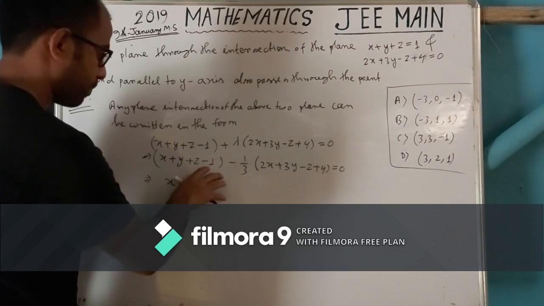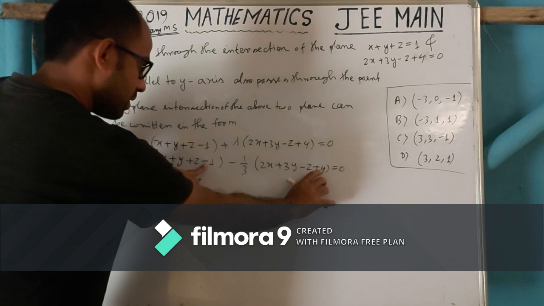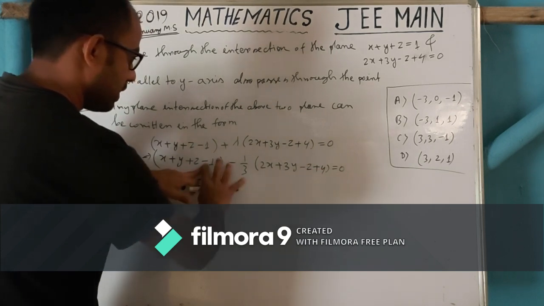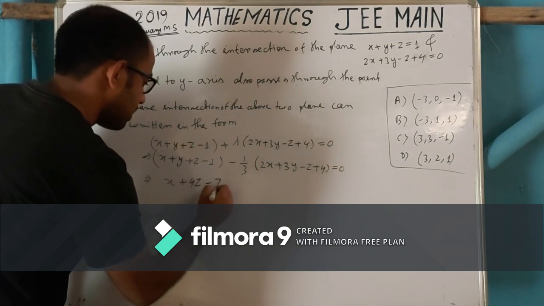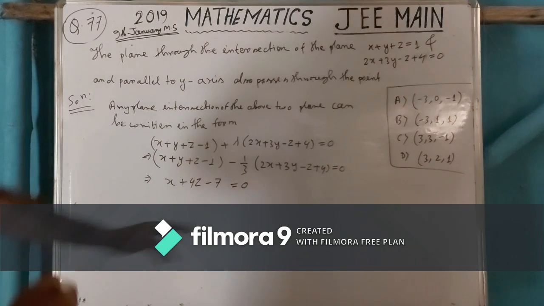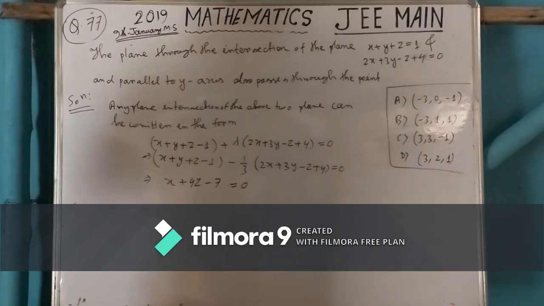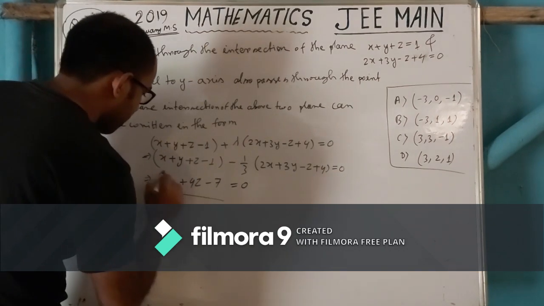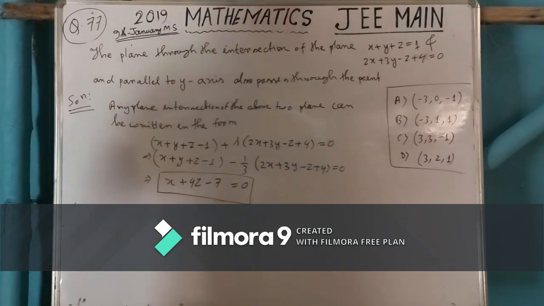Then 3 minus 3 minus 4, minus 3 minus 4, that means minus 7, so 7 by 3 equal to 0. So this is the plane which is parallel to the y axis.